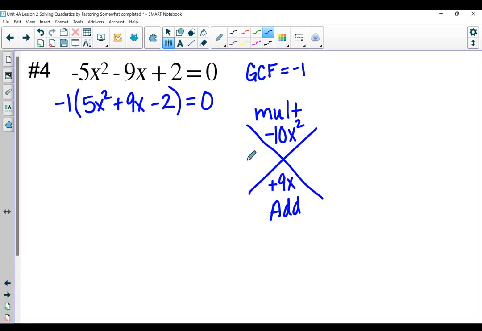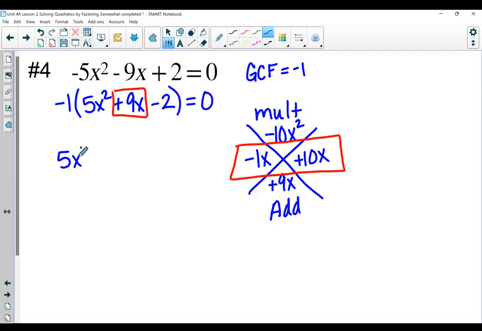Two numbers that do that are negative 1x and positive 10x. I'm going to take those two numbers and replace my middle term with it. So I get 5x squared minus 1x plus 10x minus 2.